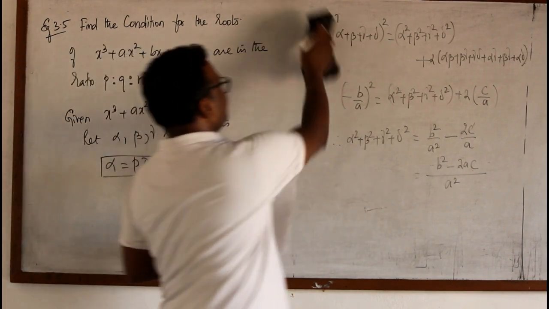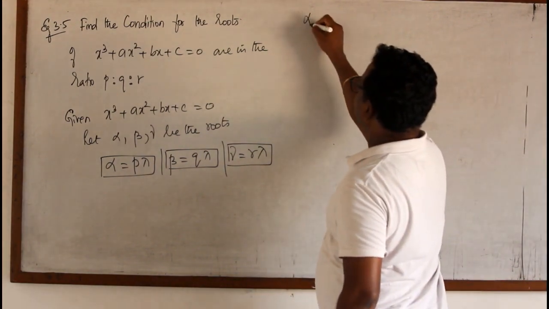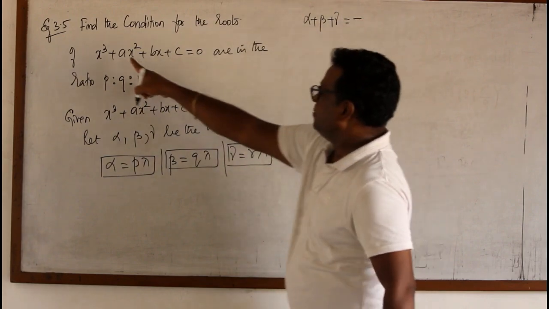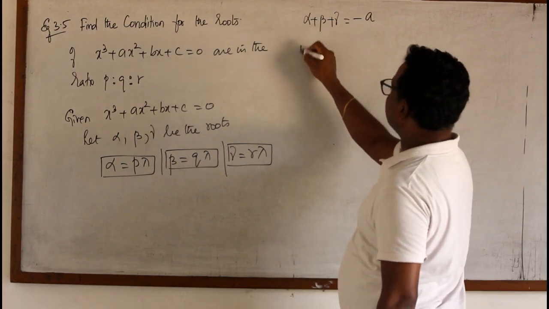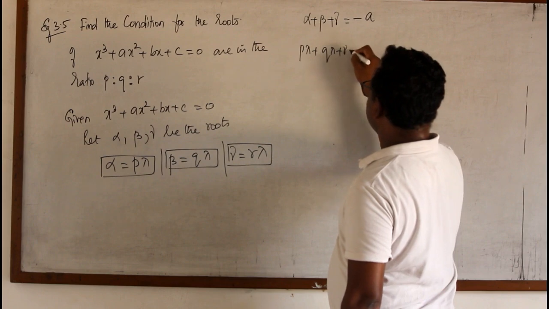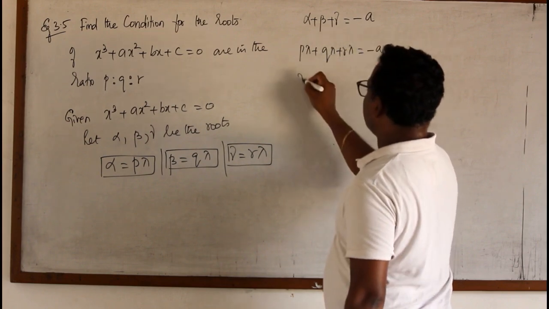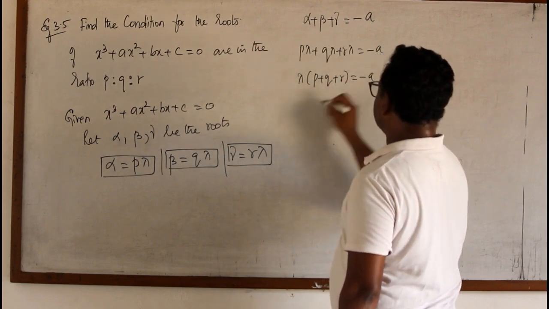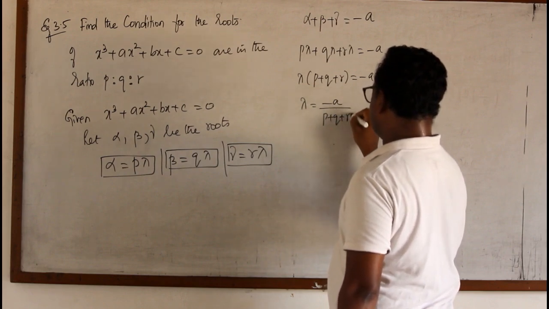We know the sum of the roots alpha plus beta plus gamma is minus a. Instead of alpha we can write p lambda plus q lambda plus r lambda equal to minus a. So lambda is common, p plus q plus r times lambda equals minus a. Therefore lambda is minus a by p plus q plus r. We shall have this.